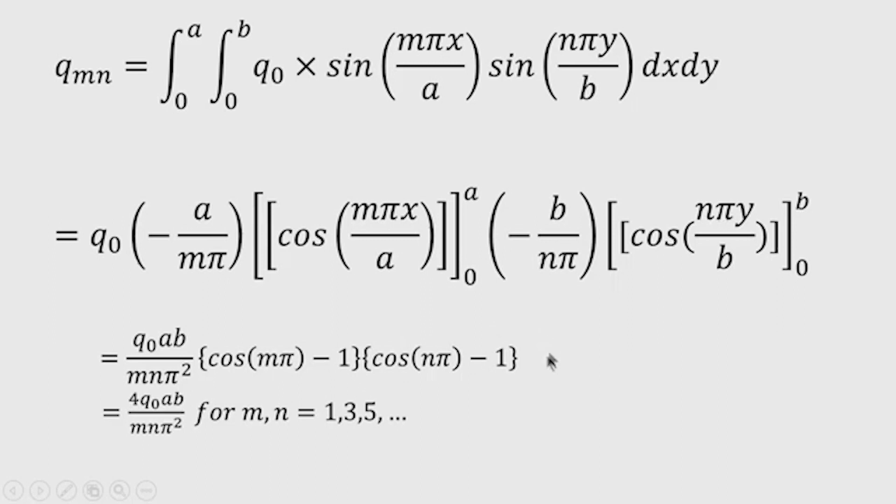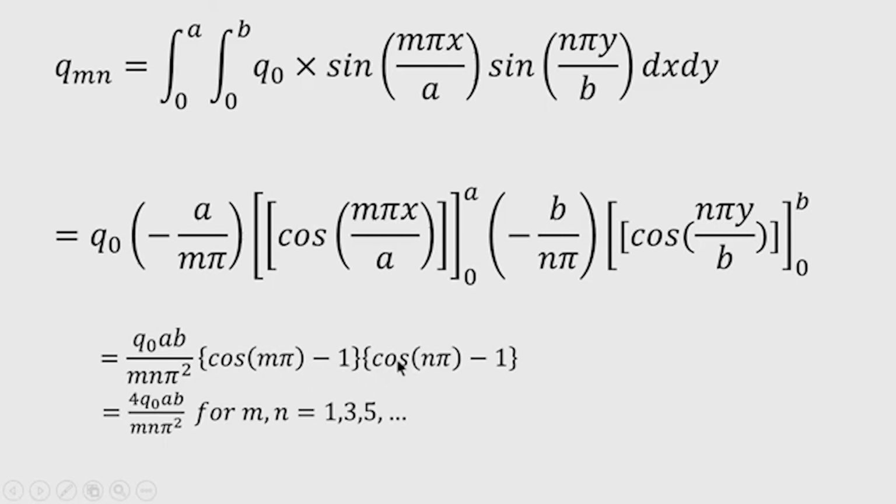One interesting thing is that for any even value of m, say for m is equal to 2, this function will be 0, and for n is equal to say 2, this function will be 0. So, if m is equal to 1, n is equal to 1, then you will get this as a minus 1, that is minus 2, and here also you will get minus 2.